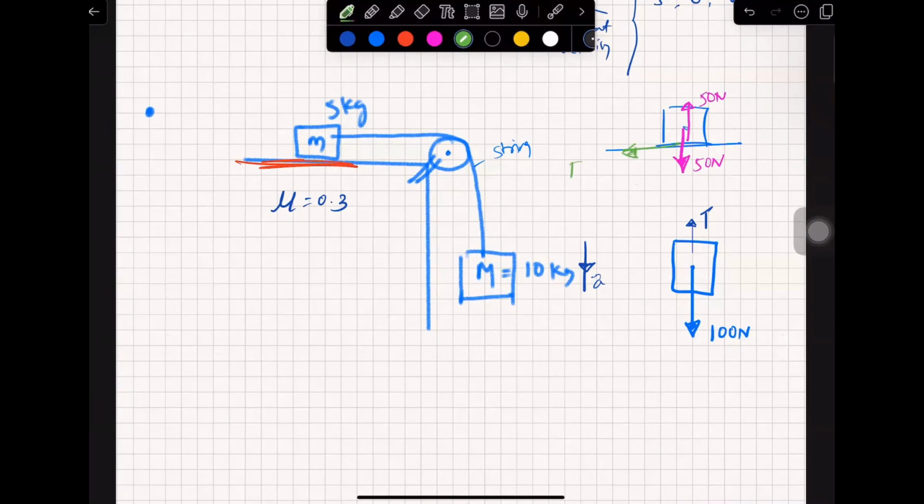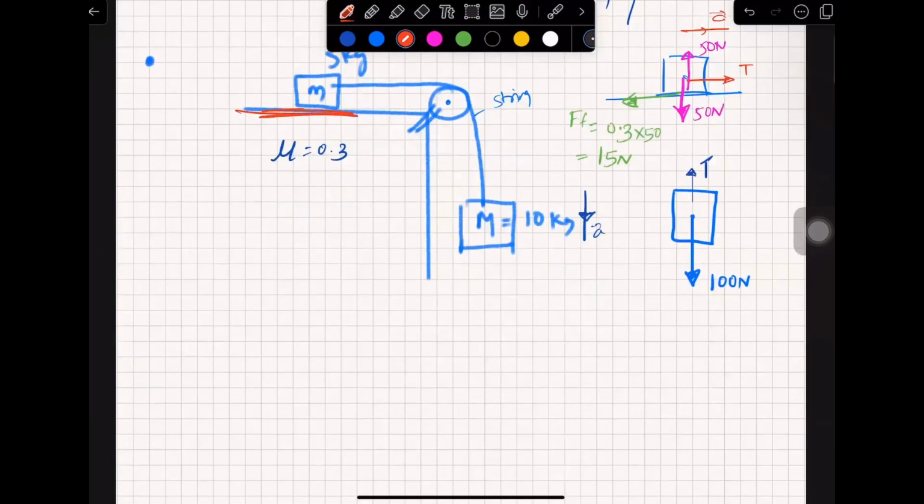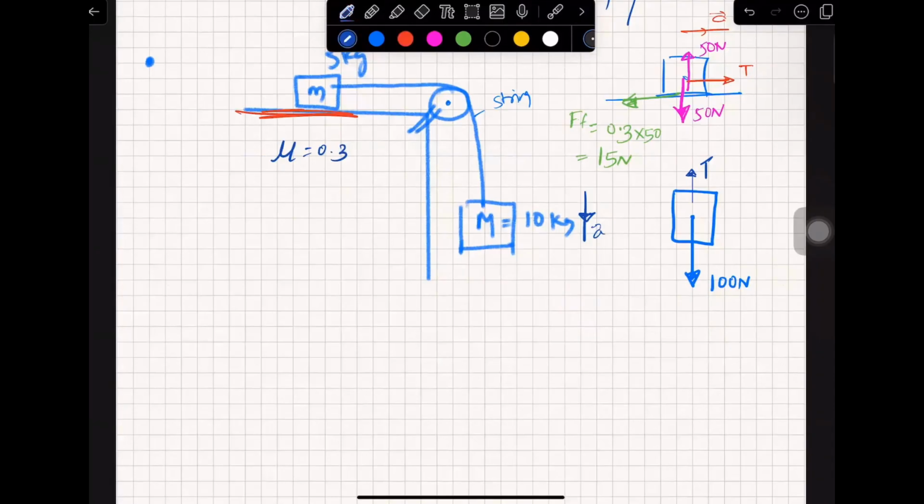You can calculate that magnitude using mu, which is 0.3, times its normal reaction, 50. So that's going to be 15 Newton. And also there will be a tension force which is pulling this block to the right with the same acceleration. You can use Newton's second law to find the value of the tension and then the acceleration. So for each block, you can draw the free body diagram.